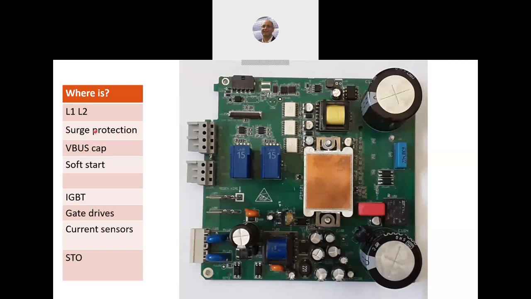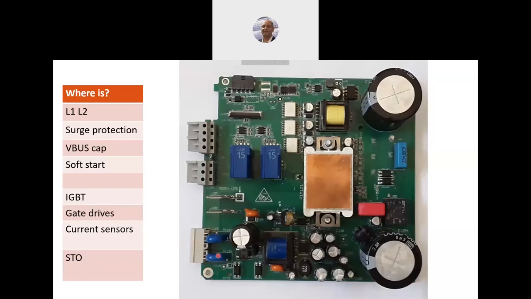The surge protection is right next to the input of L1 and L2. It's like a fuse. If I get a spark from outside, then it takes it to the PE. In this case, we have only a one-phase servo drive, and you see two surge protections.